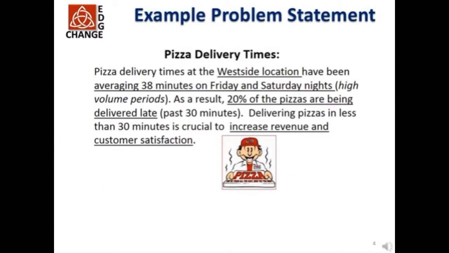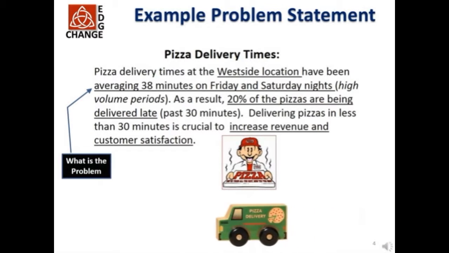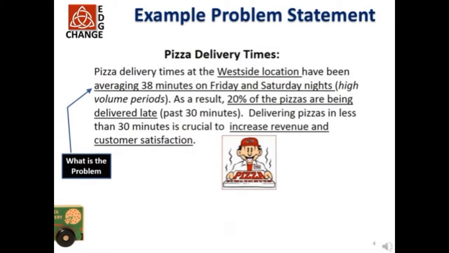Here is an example problem statement. Does it contain the 4 basic elements of a problem statement? Let's find out. What is the problem? In this case, the problem is pizza delivery times are averaging 38 minutes on Friday and Saturday nights. What is the magnitude of the problem?